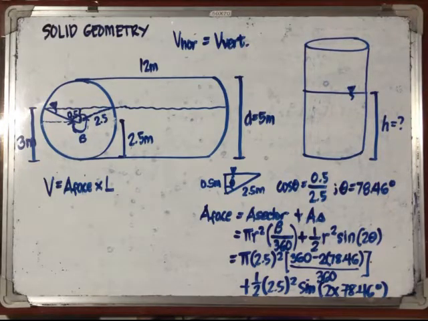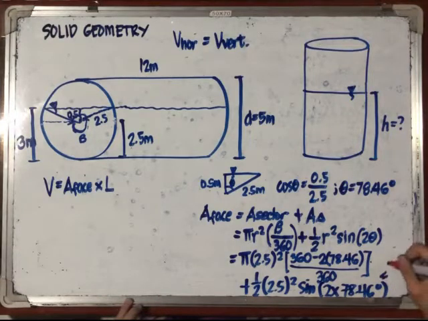That's pi times 2.5 squared times, okay, that should give you 12.30 as the area of the face. Okay, can I write it here? 12.30 square meters.